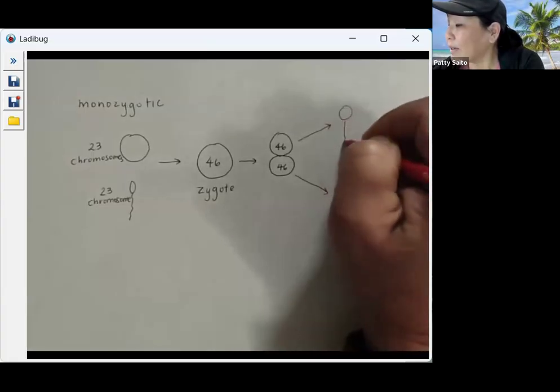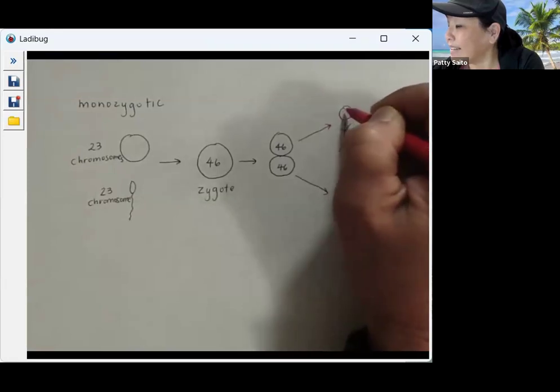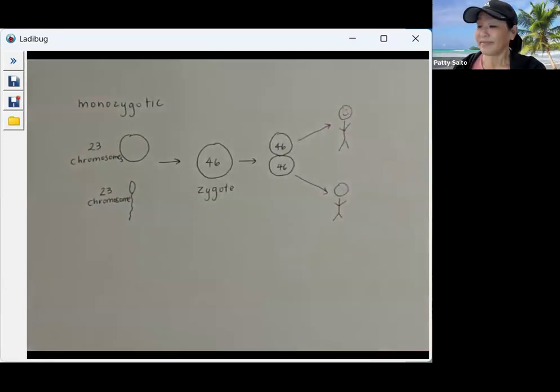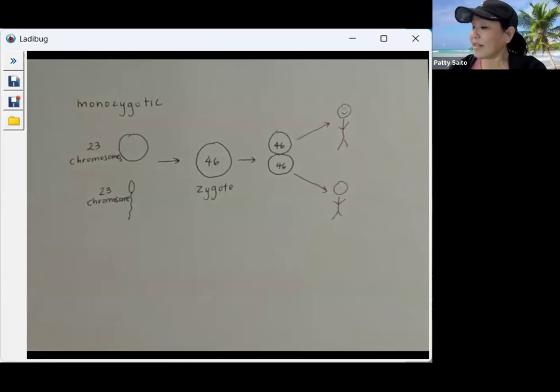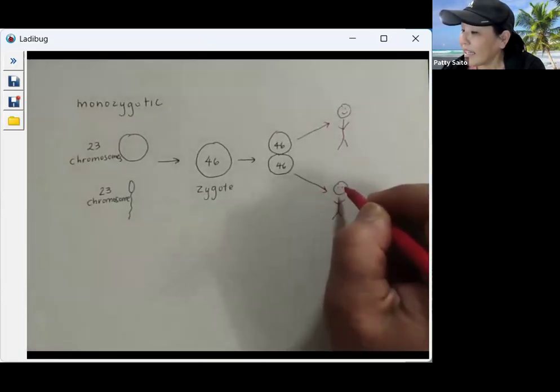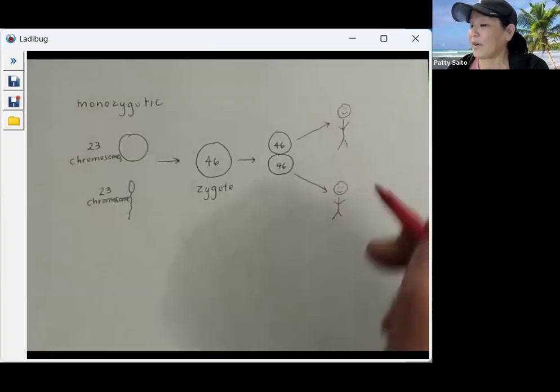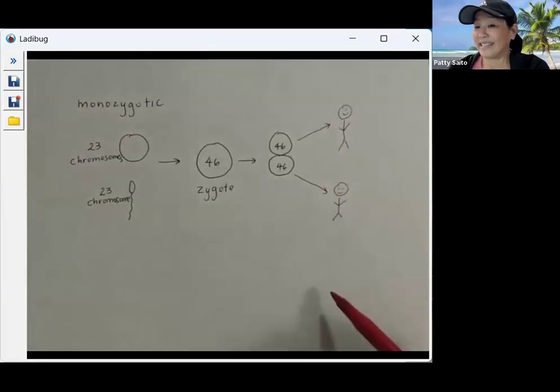But all their cells are identical, right? So all the cells are genetically identical.